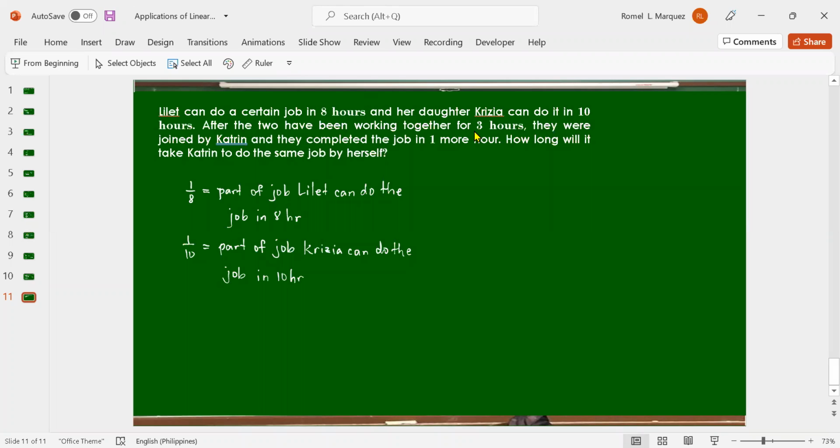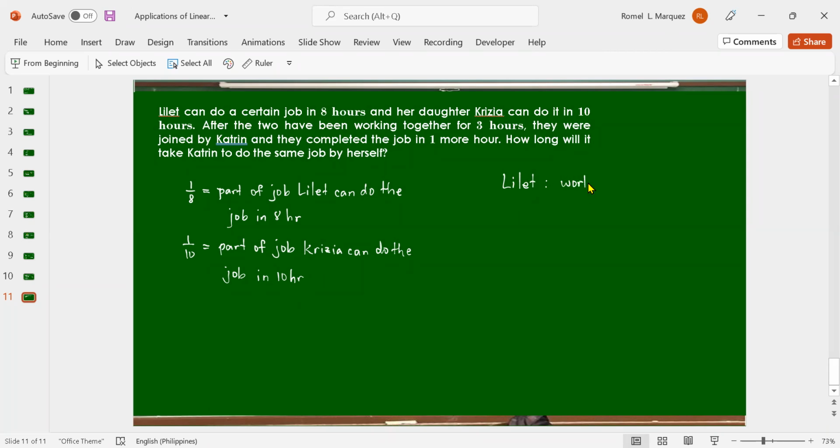Take note ha, 3 hours lang nag-work si Krisha at si Lilet. Nag-work sila for how many hours to complete the job? 4 hours. Pero si Katrina, ilang hours na nag-work si Katrina, guys? 1 hour lang, okay? Si Lilet, anong total time ni Lilet nag-work?